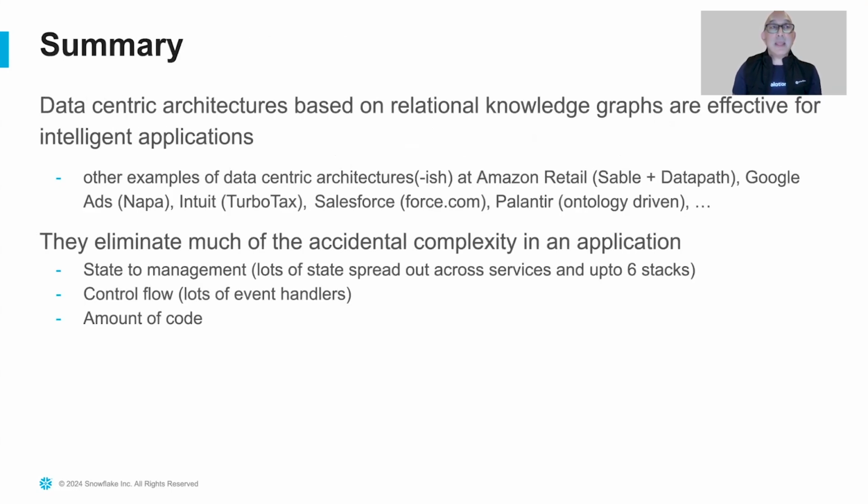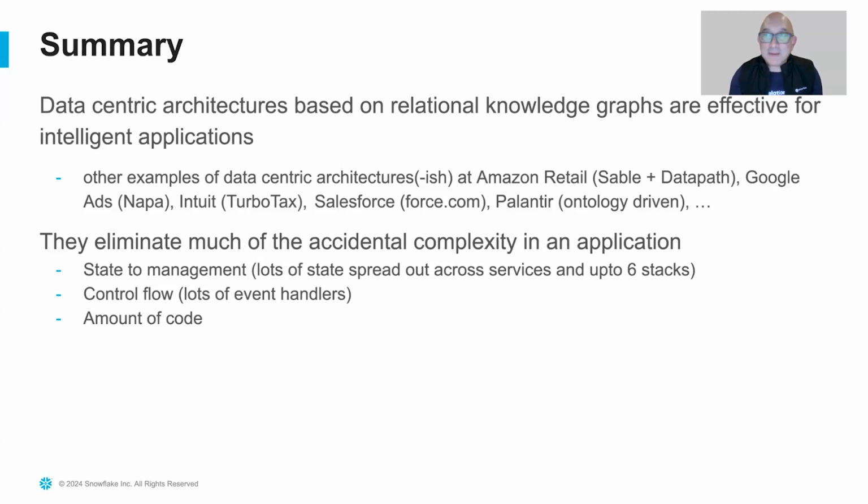Okay, so in summary, hopefully you can see how data-centric architectures based on relational knowledge graphs are effective for intelligent applications. We're not alone doing this. I think some of the most interesting companies with the most sophisticated technologies, like the Amazon retail business, is built on a little-known technology called Sable and DataPath.